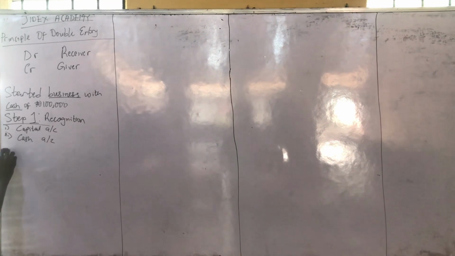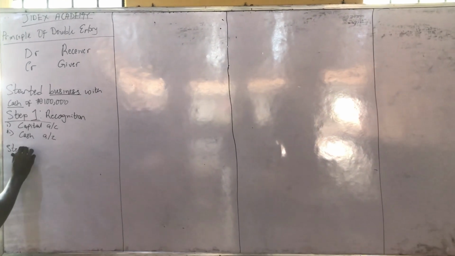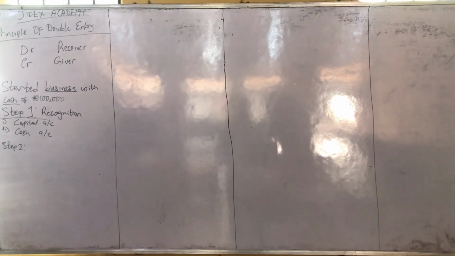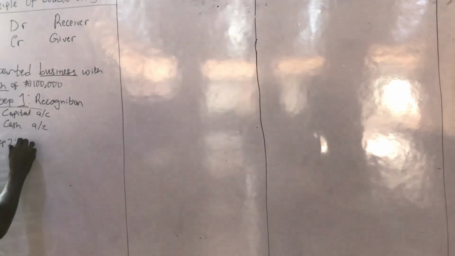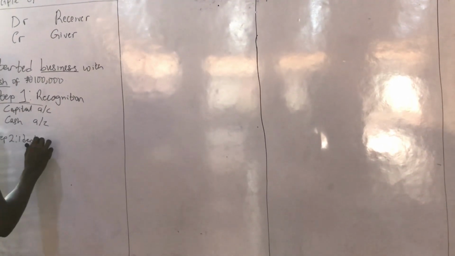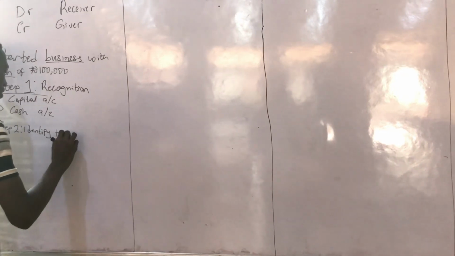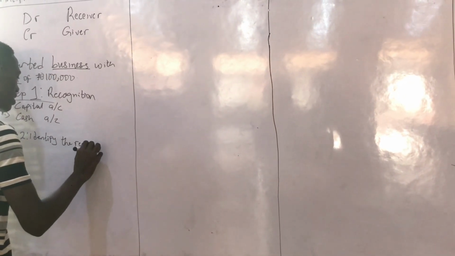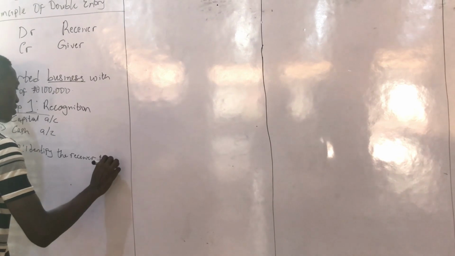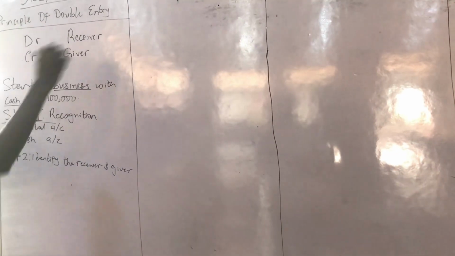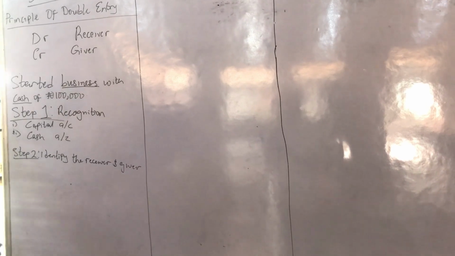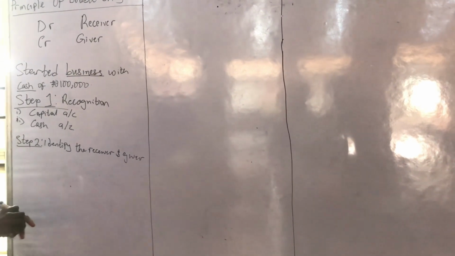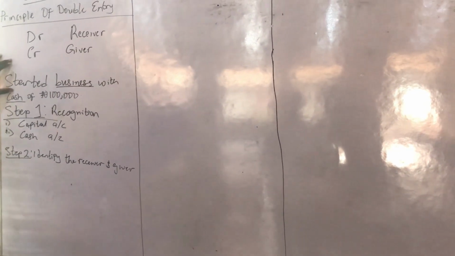Step two: identify the receiver and giver. Who is giving? In this scenario, you started a business.